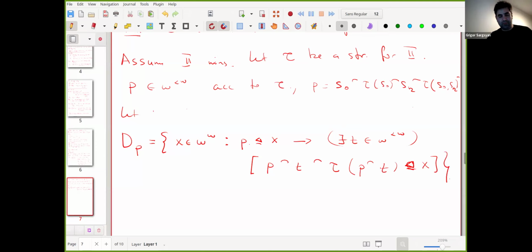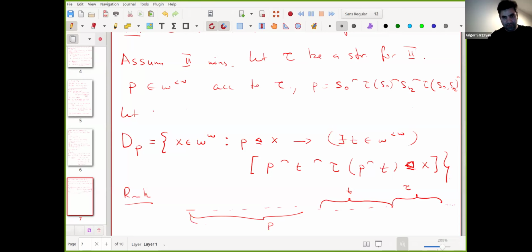So if P is an initial segment of x, then I can find some further, longer initial segment of x. The remark is that x has some digits, up to this P, and then it has more stuff, but then you can find some t, followed by the tau response, and then the rest.